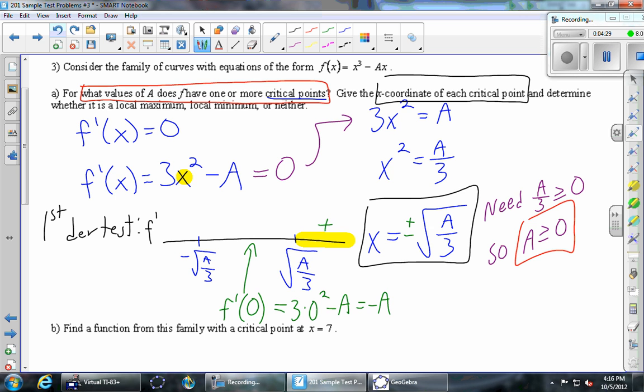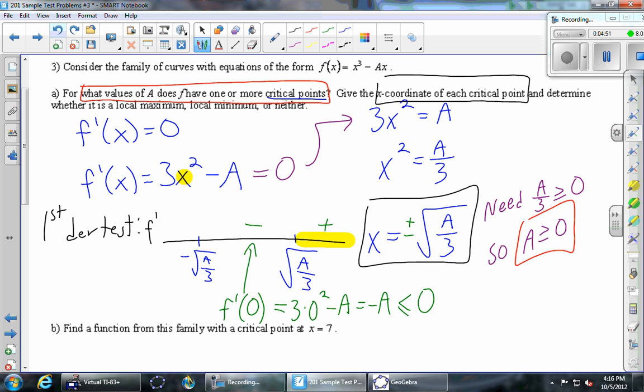It depends on the sign of a. But I think we've decided that the only time we have these critical points is if a is bigger than 0 to start with. So if a is bigger than 0, then negative a must be less than 0. So in between, I feel pretty good that there are negative numbers for the derivative.